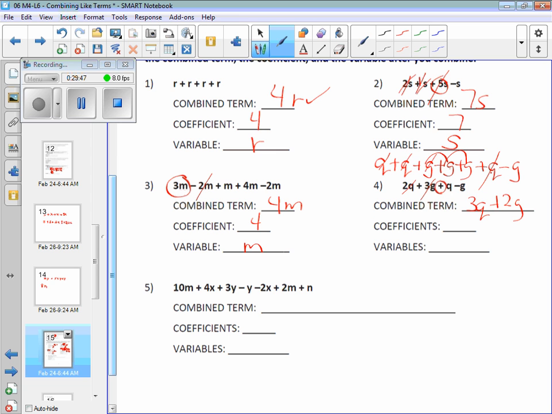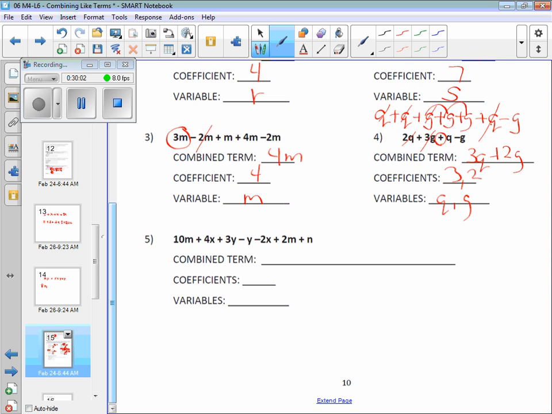We'll practice it. Let's do another one together. First, how many variables do you see in 5? How many different letters do you see? Joe? Just look at the letters. Look at your variables. What do you have? All right, we have an F. I'm going to put it here.